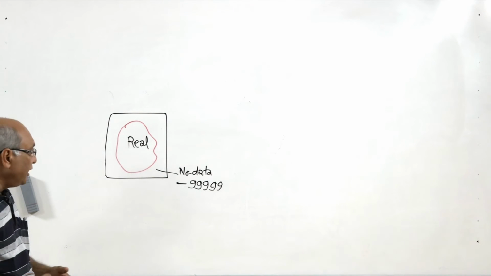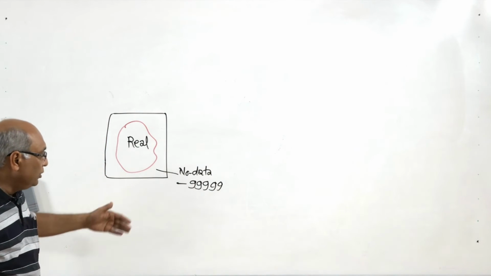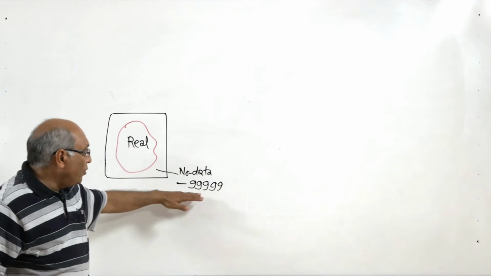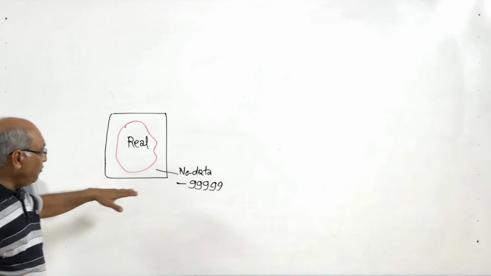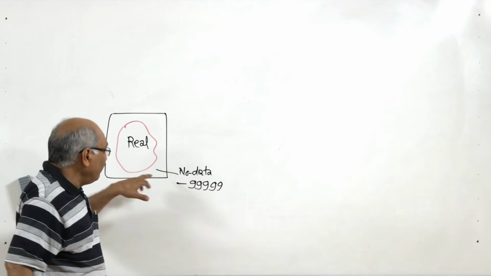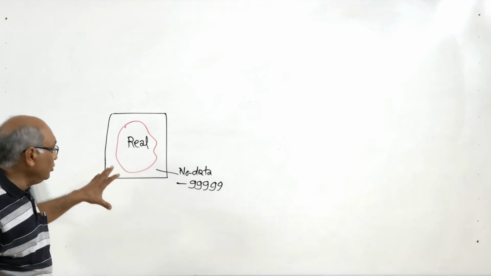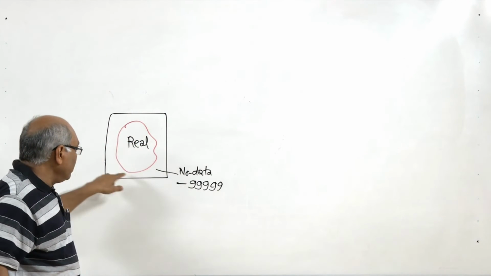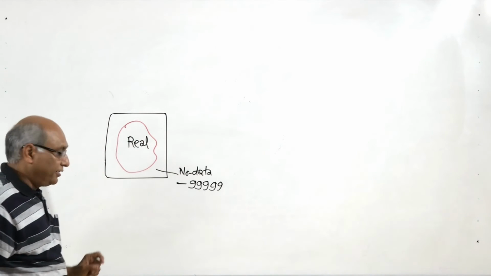Because in the case of digital elevation models, we know that we cannot have on any surface of the earth a point with such a depth or such plus values. So it is declared to the system that this is the no data value, and that means whenever I am doing any processing on this data set, I don't want to include the outside area. I want to include the area which I have extracted.